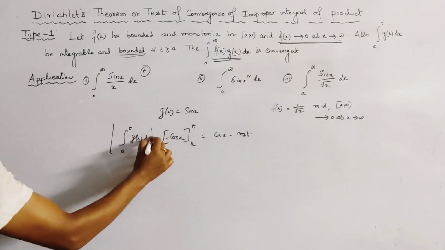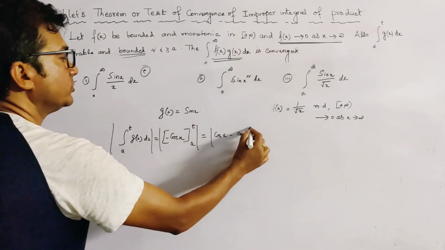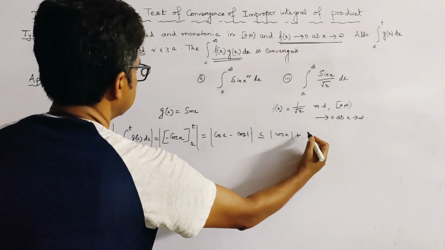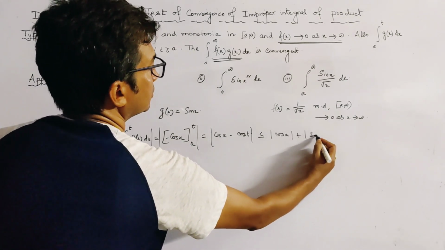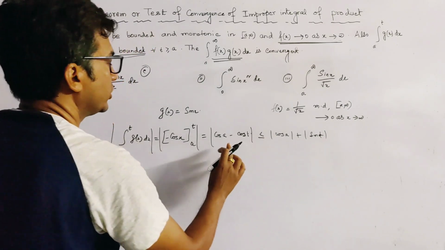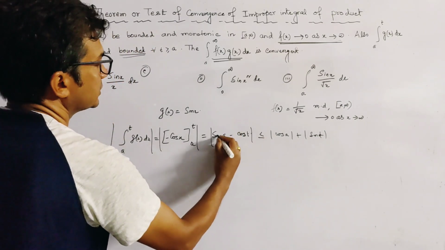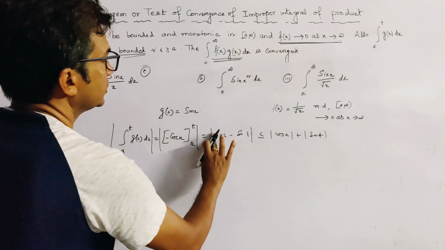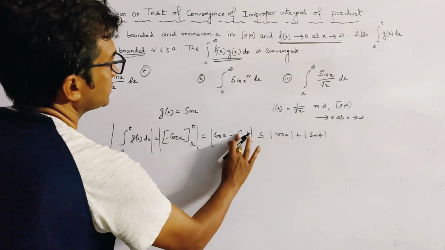So we get mod of this, that is less equal to mod cos a plus mod cos t.